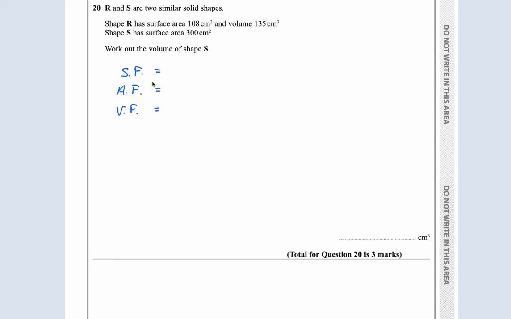The only one we know is the area factor, because out of the volume, area, and length, the only one that I know both of is the area. I know it's 300 for S and 108 for R. So the area factor is equal to 300 over 108.